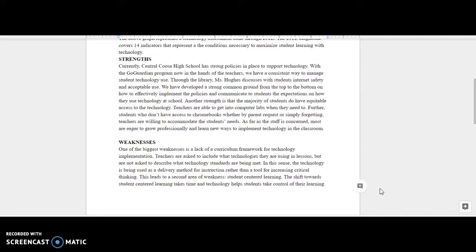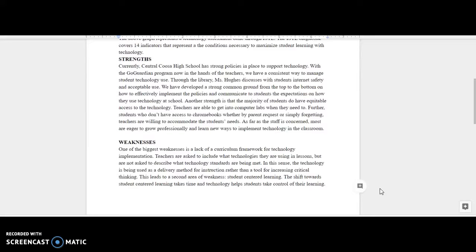During my practicum, I did an evaluation of technology needs, and discussing with the administrator, a lot of the teachers were using technology as a replacement for tools rather than to support student learning, and that reflected in this needs assessment. We are asked as teachers to tell what technology we're using in the classroom, but not to explain why we're using it.